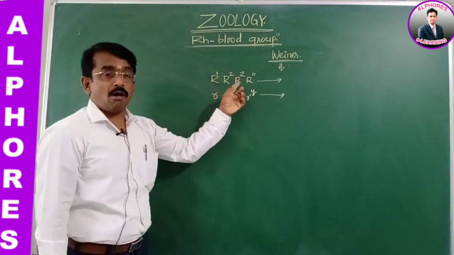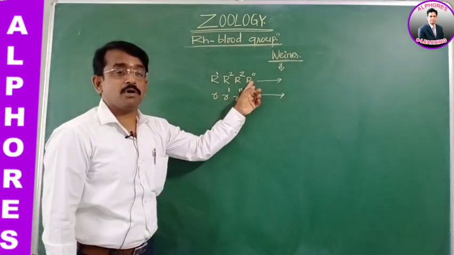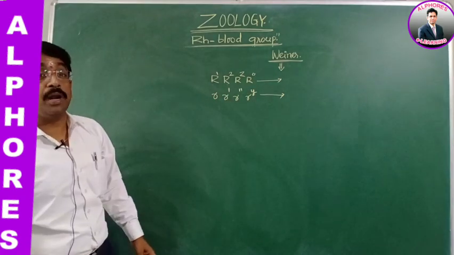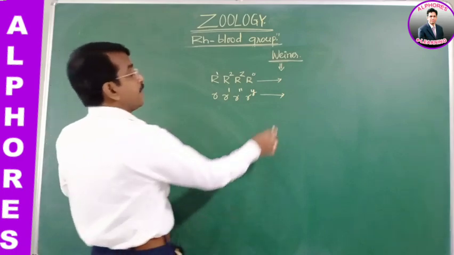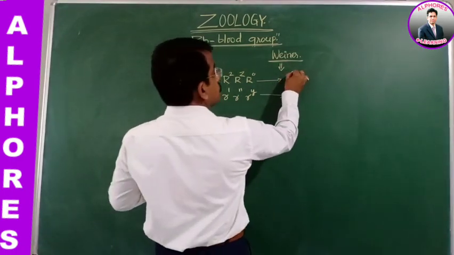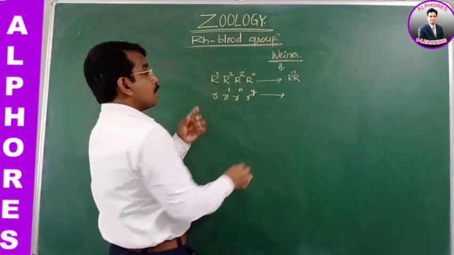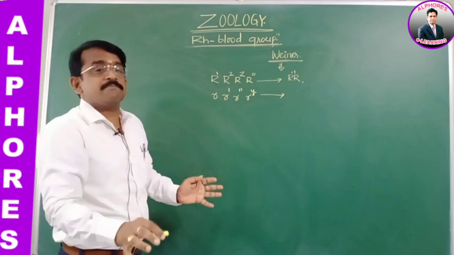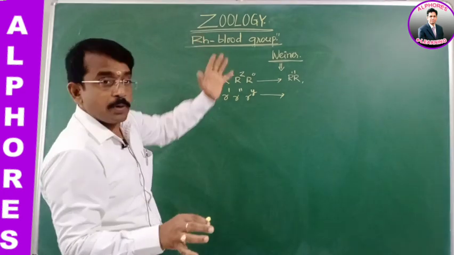The presence of capital R is going to determine an individual Rh positive, and the presence of the recessive allele, double recessive, is the same thing, which means small r is Rh negative. R1 is Rh positive, R1 R2, the presence of capital R is Rh positive.